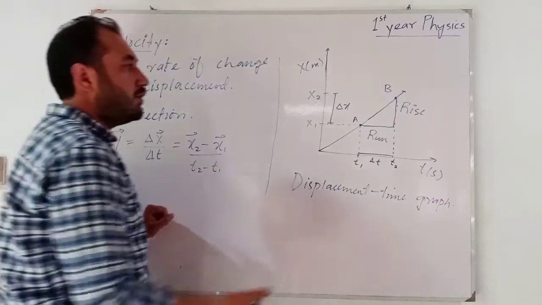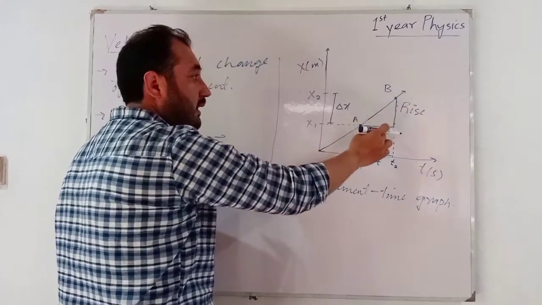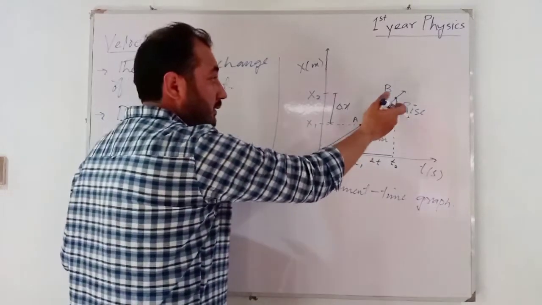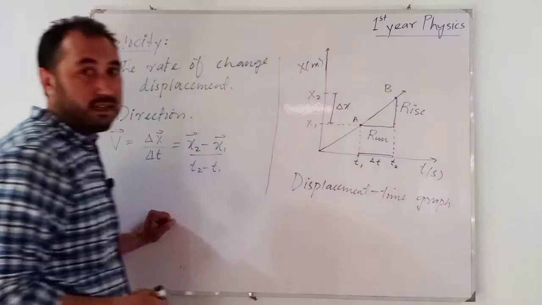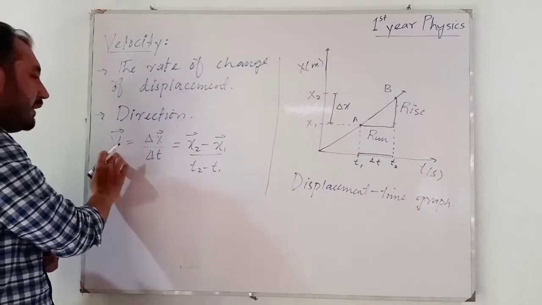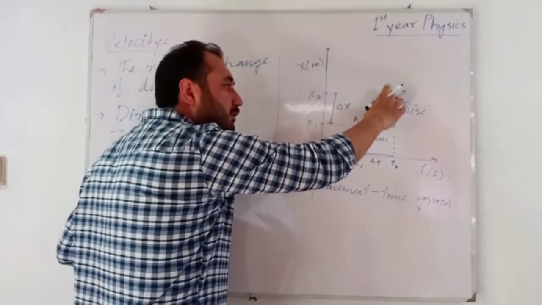When we divide the change in displacement by the change in time, it is rise over run. For any rise over run, the result will be the slope of that kind of graph, right? Thus we can find the velocity, and here we are finding the velocity between two different points.